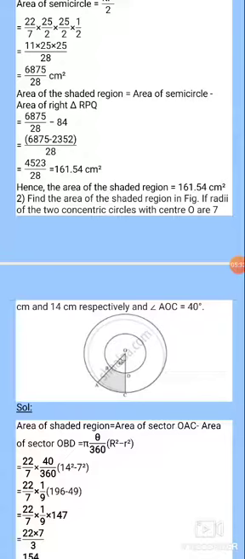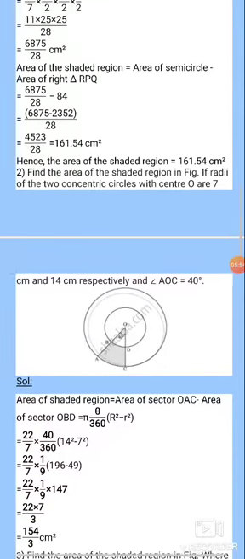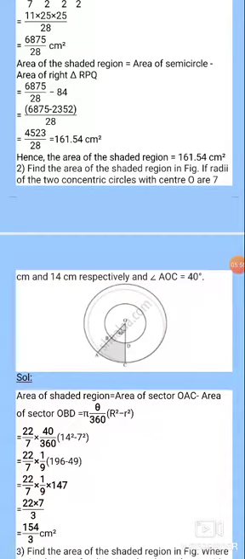So 22 by 7 into 1 by 9 into 196 minus 49, that is 22 by 7 into 1 by 9 into 147. Then we can cancel 147 and 7, we get 21. Now using 3 we can cancel 9 and 21. So at last, 22 into 7 by 3. Then multiply 22 into 7, 154 by 3 centimeter square is the area of the shaded portion.